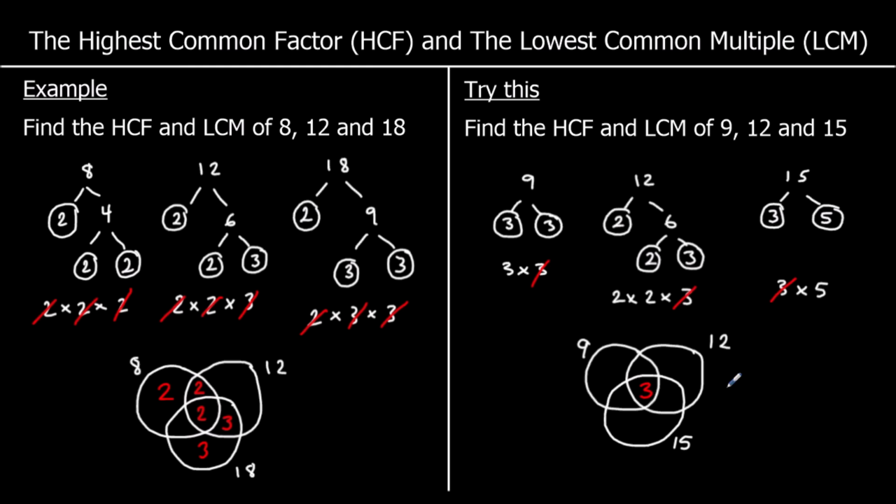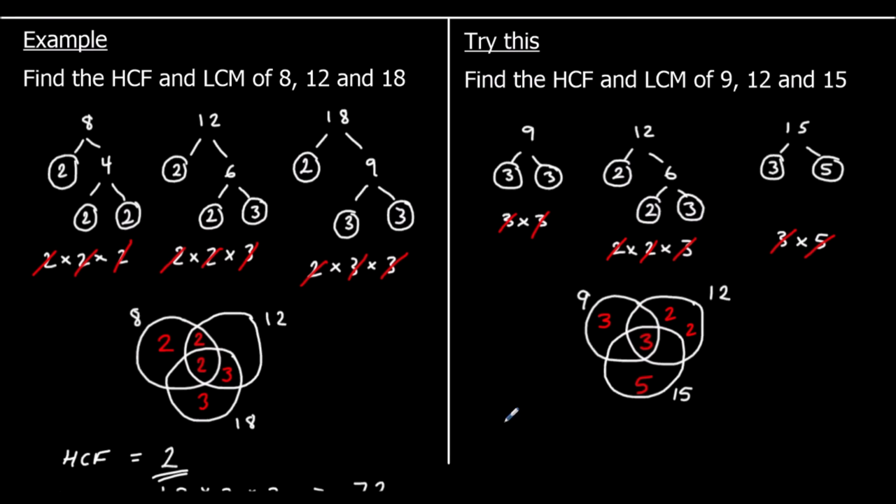So 3 is in the middle. That's going to be the highest common factor. Do they share anything else? No. So in my 9 circle, I need a 3. In my 12 circle, 2 2s. And my 15 circle needs a 5. So my highest common factor, what's in the middle of all of them? That is 3.